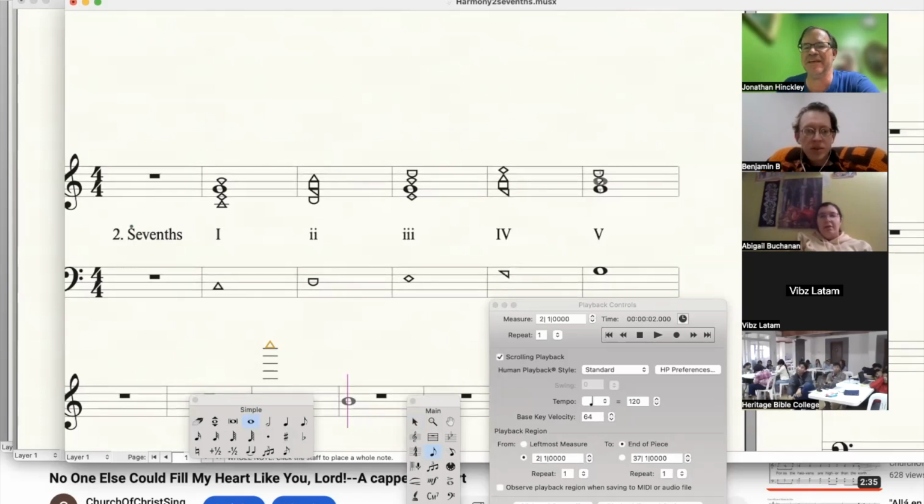Ti. That's the third, and then the fifth is Re. What is the seventh? We have to skip over one more note. So Re, skip over mi, and what are we going to get? Sol again. You skipped over Fa. You want to know this scale really well, that will help. And we have Fa.